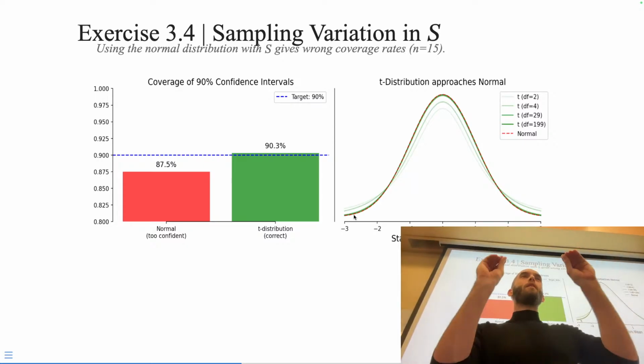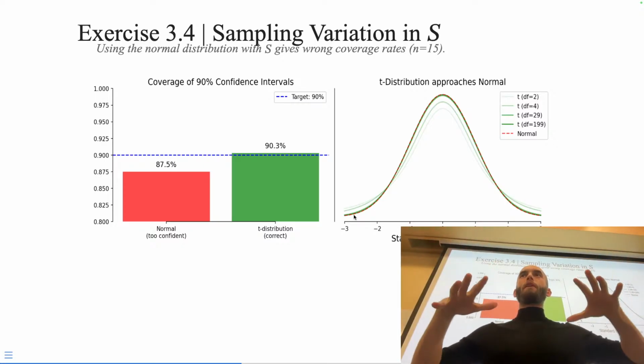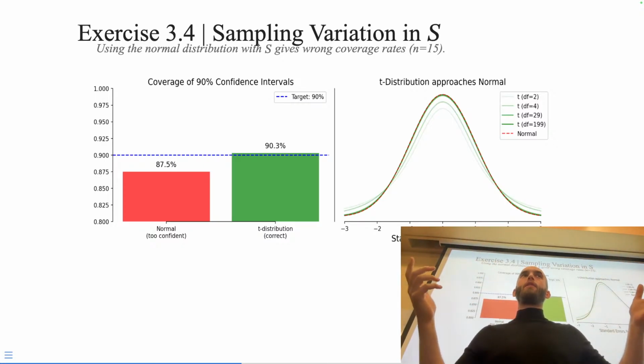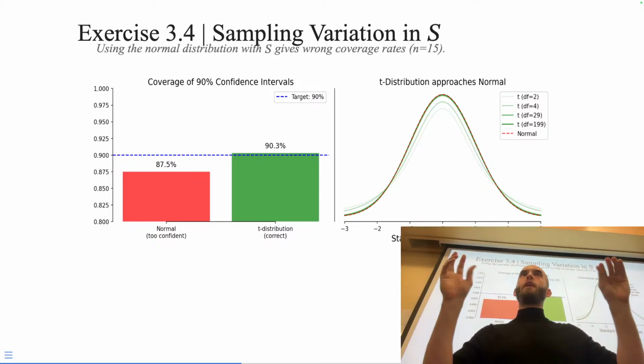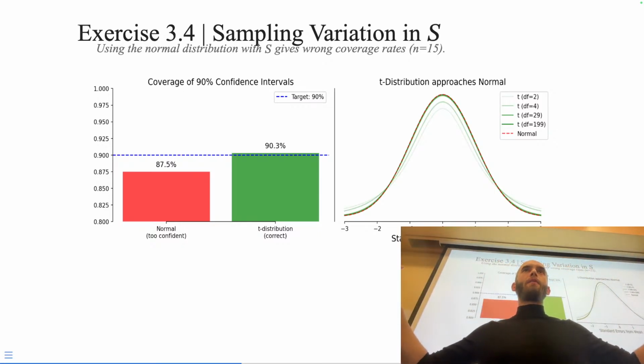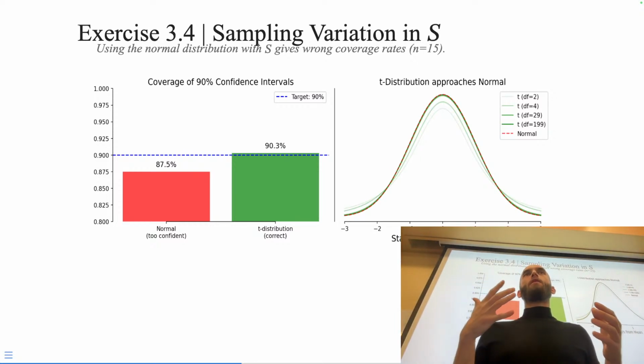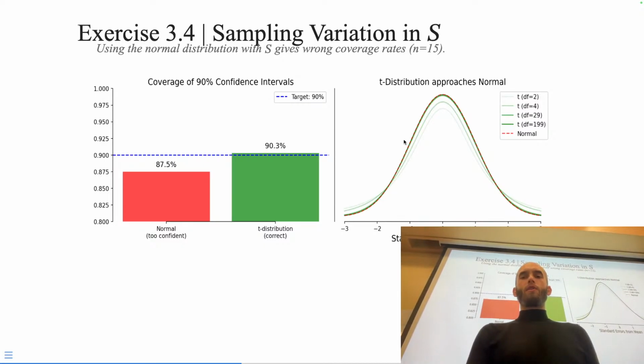You can see, when we have a small sample size, there's a lot of variability in the sample standard deviation, which means the t distribution has to be less confident, more spread out than the normal distribution. But as our sample size gets larger, the variability in the sample standard deviation gets smaller, and the t distribution gets closer and closer to a normal distribution.